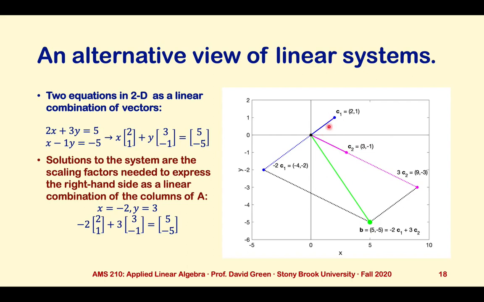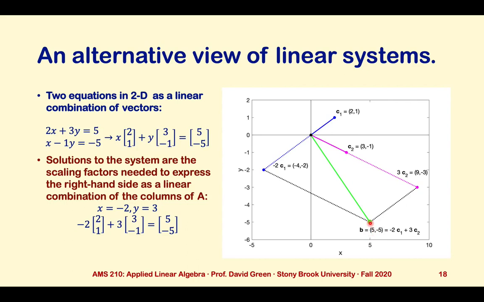Scalar multiples of C1 have to lie along the line. They just change the length, and if they're negative, also reverse the direction, but they have to lie on the line that this vector falls on. Scalar multiples of C2 have to fall along this line. Where's the right-hand side? The right-hand side is (5, -5) here.